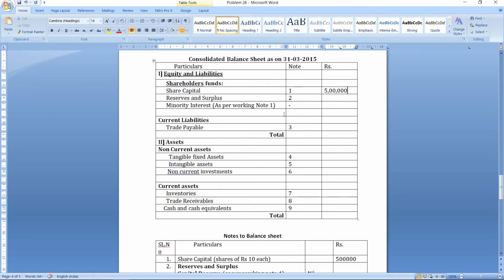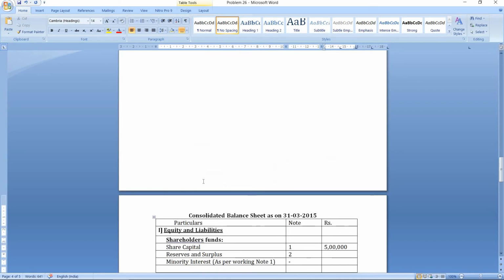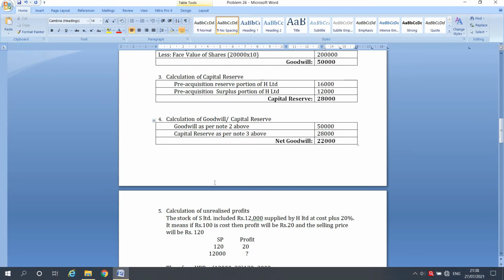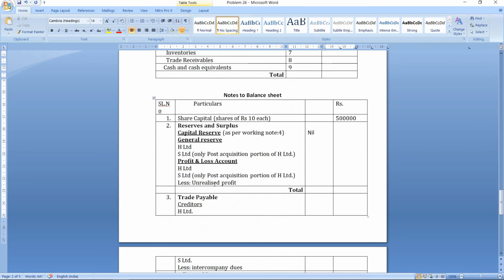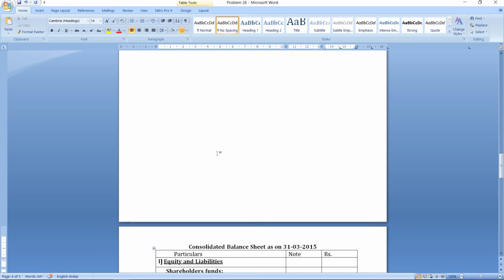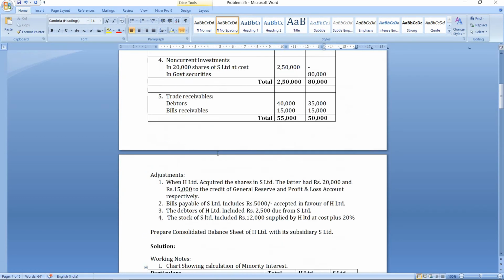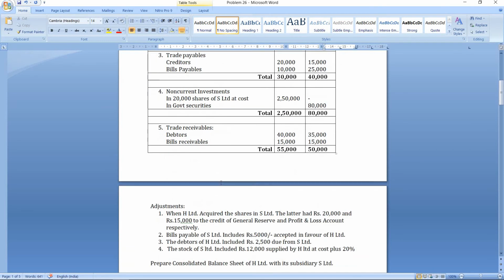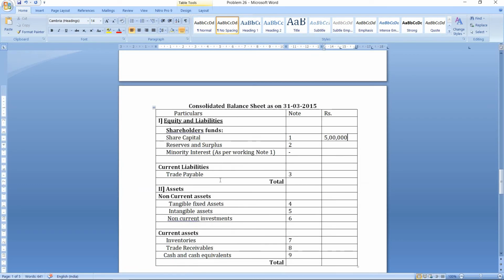Now the second note is for reserves and surplus. Now as per our working note, we will show goodwill. So capital reserve is nil, as per our working note. But we have to take general reserve and profit and loss account. So let us see what is the general reserve of H Limited. So the general reserve given of H Limited is 60,000. So we will write it in the note.